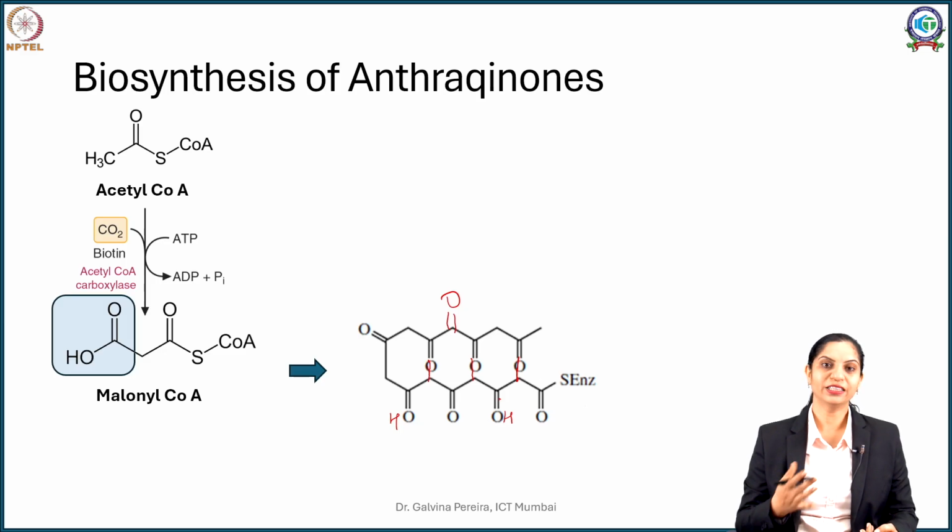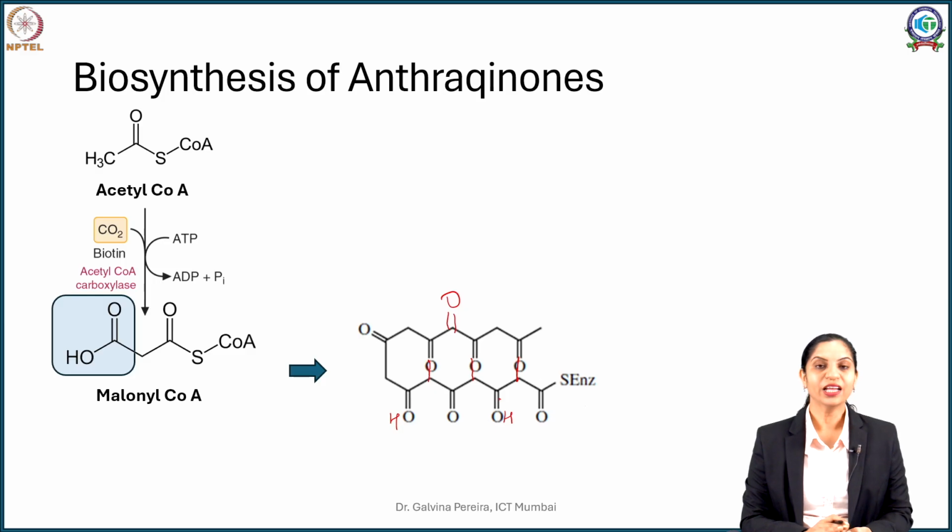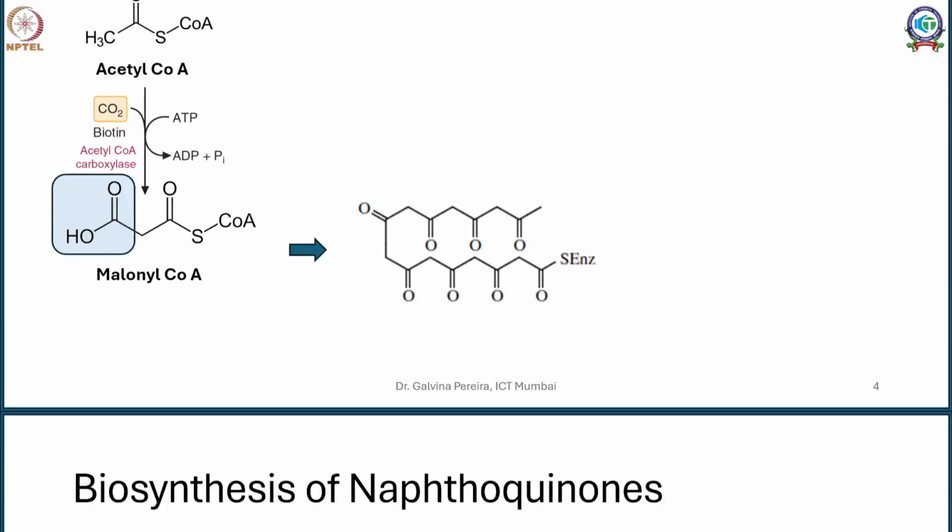So biosynthesis of anthraquinones mostly happens via the acetate malonate pathway, but there are a few quinones which have been synthesized from the isoprenoid pathway. There are a few quinone derivatives which have also been synthesized via the shikimate pathway.